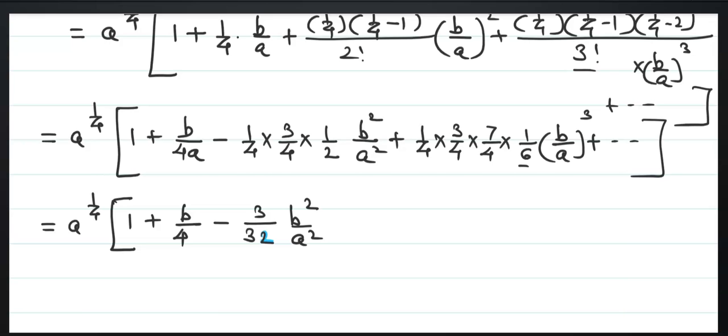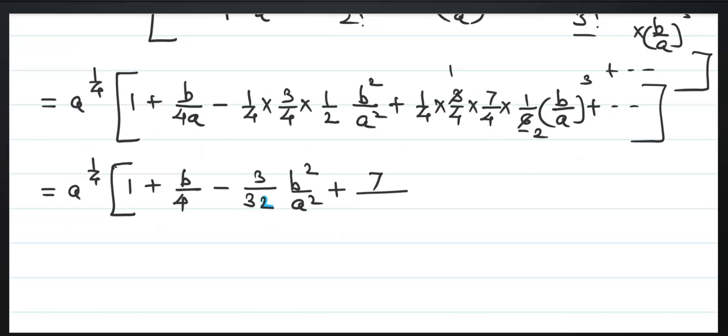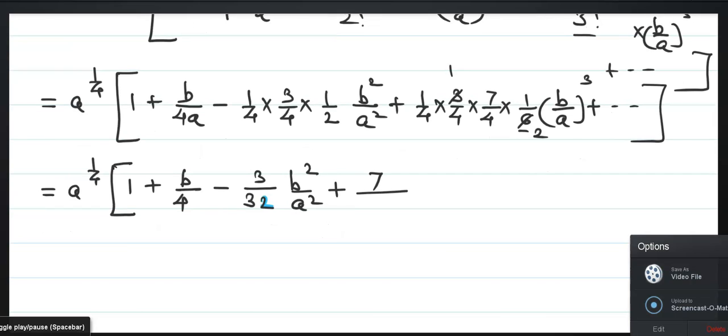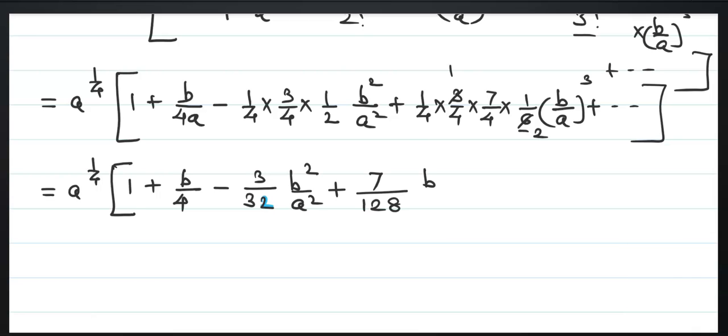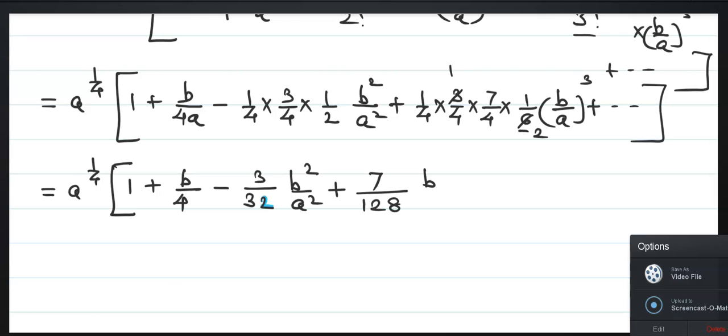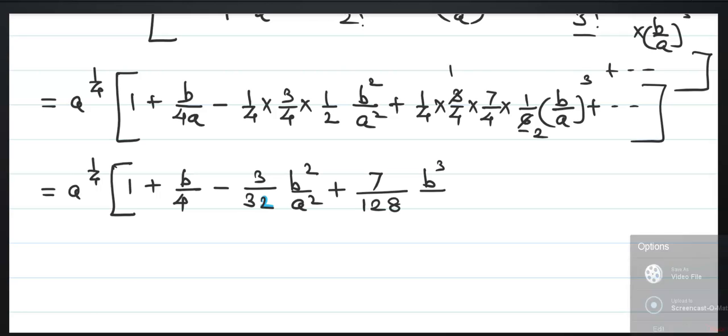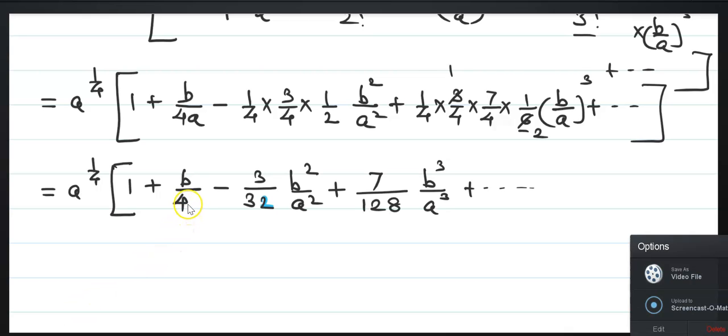Now the next calculation. Now see this simplification. That is 7 upon 128 b cube upon a cube. And in this way, I forgot here, so again I say that this is 4a.